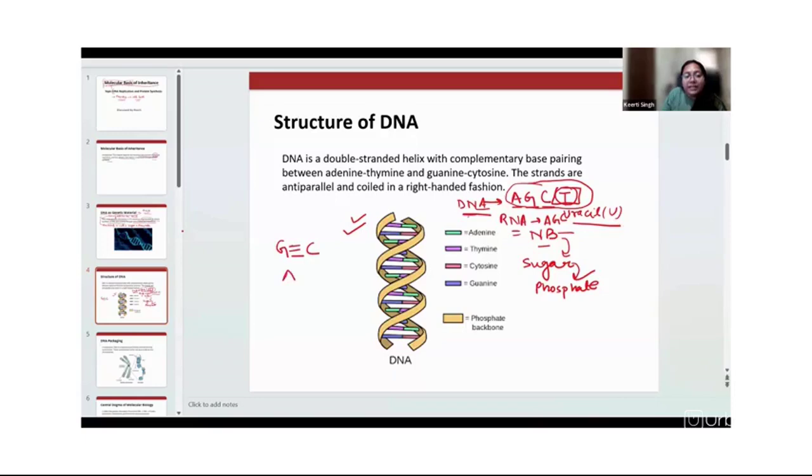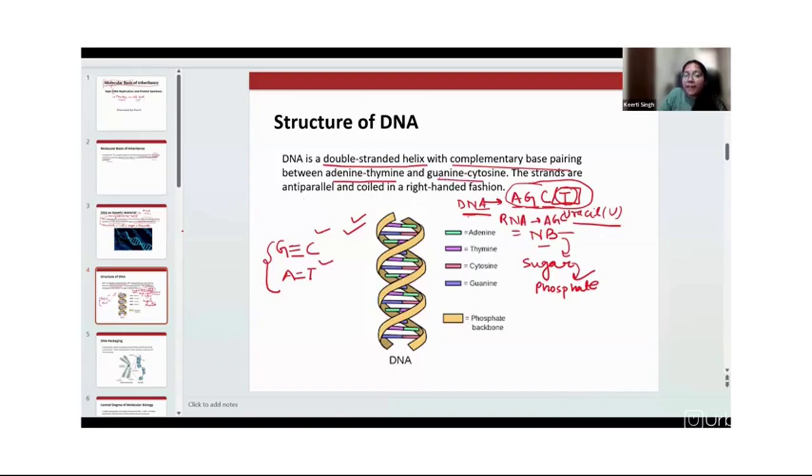And adenine and thymine are joined by a double bond. So this is the basic information about the DNA. This DNA occurs as a double-stranded helix with complementary base pairing, right? That occurs between adenine and thymine, and guanine and cytosine, right?